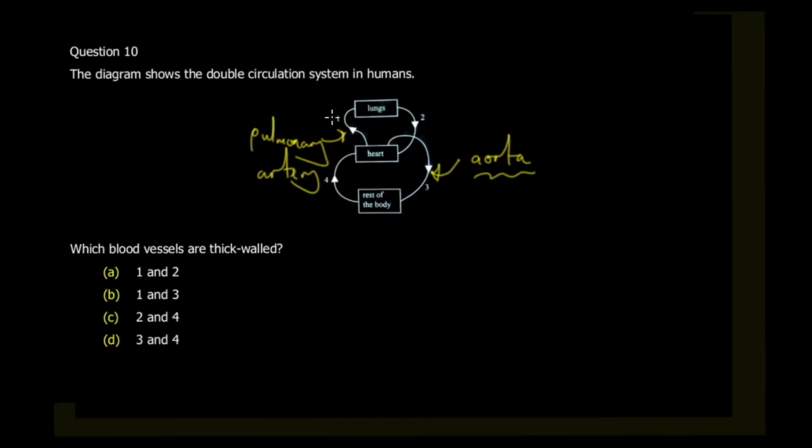Usually arteries carry oxygenated blood. And the aorta carries oxygenated blood, obviously. In the double circulation system diagram for humans, they usually denote the oxygenated blood as red and the deoxygenated blood as blue.